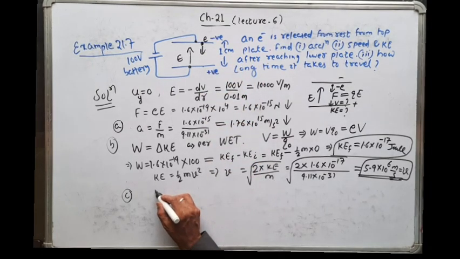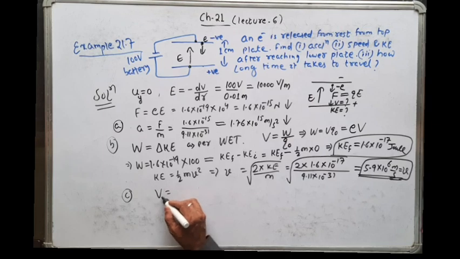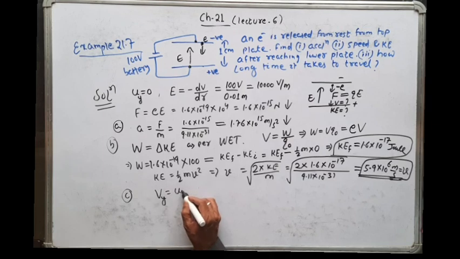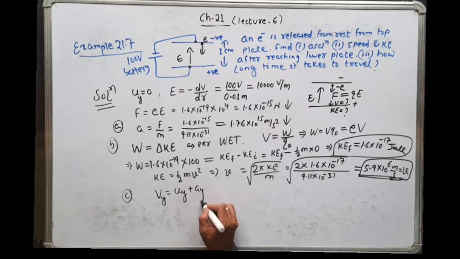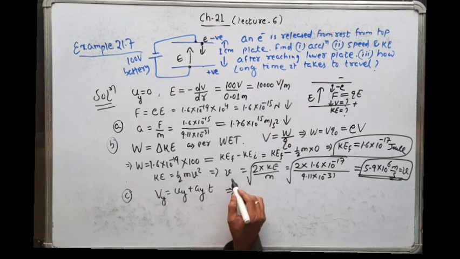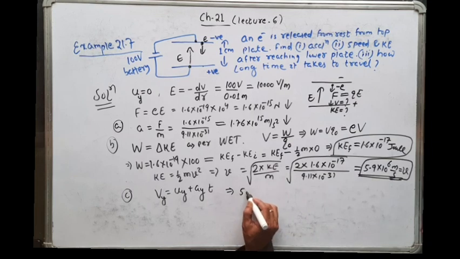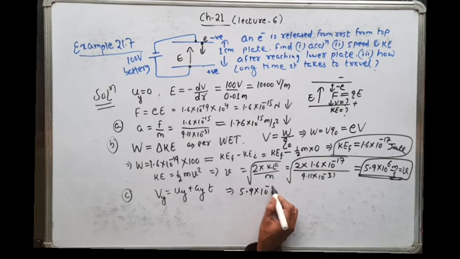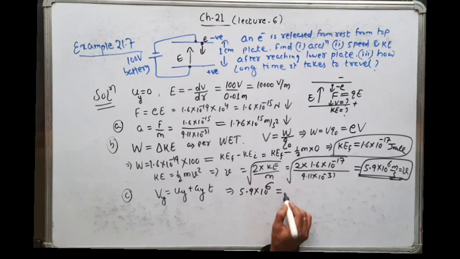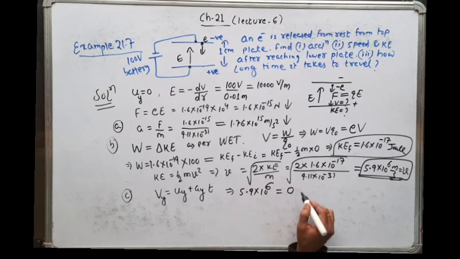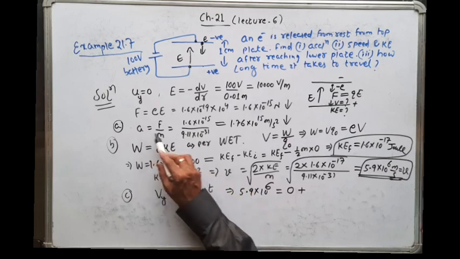So you know v is equal to u, velocity along the y direction, v equals u plus a_y t. Here the velocity at which it will strike the ground, we have calculated, is 5.9 into 10 to the power 6. And what is the initial velocity of the electron? It is released from rest, that is 0. Plus, what is the acceleration?